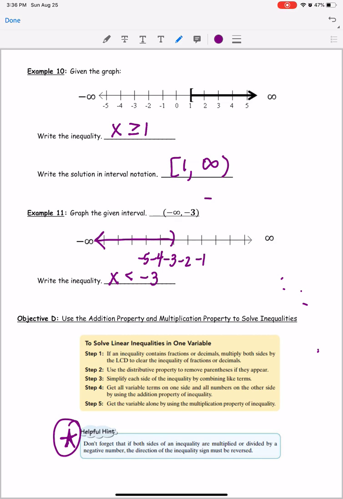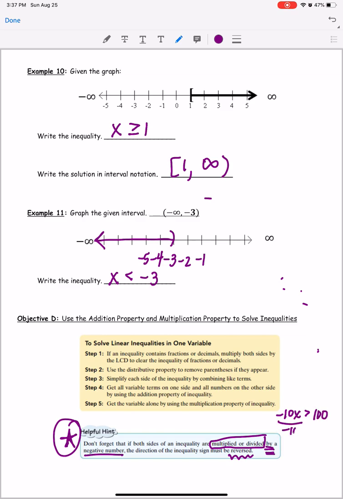It says, don't forget that if both sides of an inequality are multiplied or divided by a negative number, then the direction of the inequality sign must be reversed. Okay. So basically, if you have something like -10x is greater than 100.